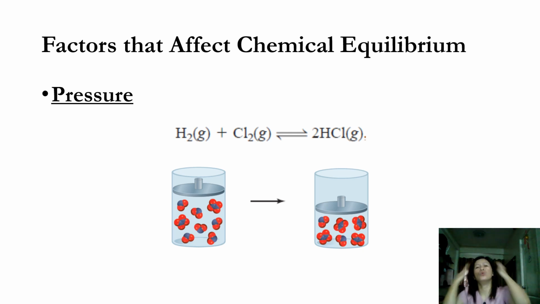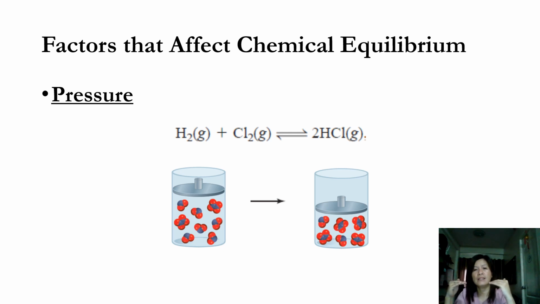Between these two, we have 1 mole of hydrogen plus 1 mole of chlorine on the reactant side. Comparing the moles of gaseous reactants and gaseous products, we have also 2. So comparing the moles of reactants and products, we have 2 moles versus 2 moles. So increasing the pressure is putting stress on neither side.